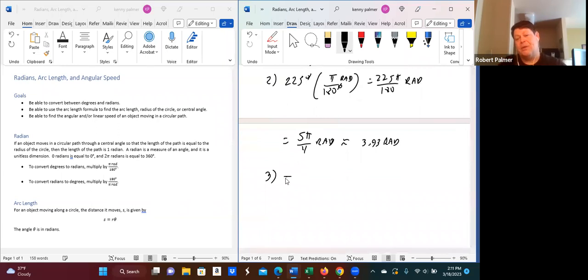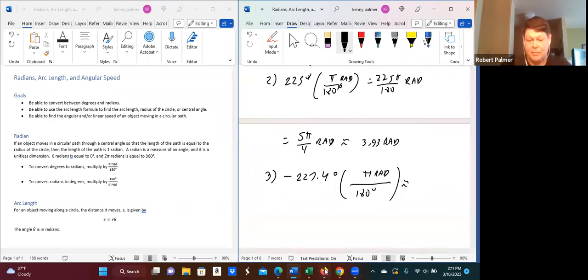Okay. Let's say you have negative 227.4 degrees. Do the same thing. Now, this one, we'll just do it in decimal form. Same thing, multiplied by pi radians over 180 degrees. And then let's just do this on Desmos.